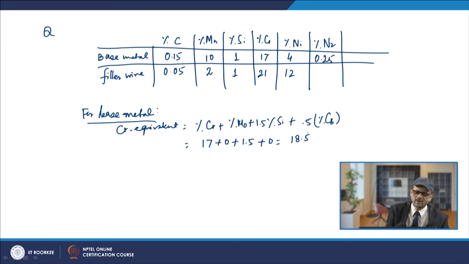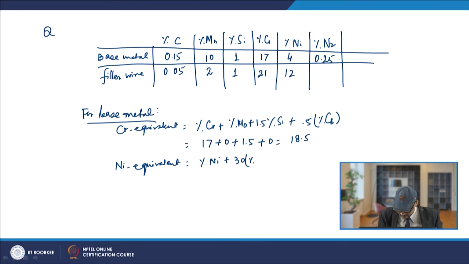Similarly, the nickel equivalent for the base metal will be, by the formula, percentage nickel plus 30 percentage carbon plus 30 percentage nitrogen plus 0.5 percentage manganese. That is the formula for the nickel equivalent. Nickel is 4% for the base metal.